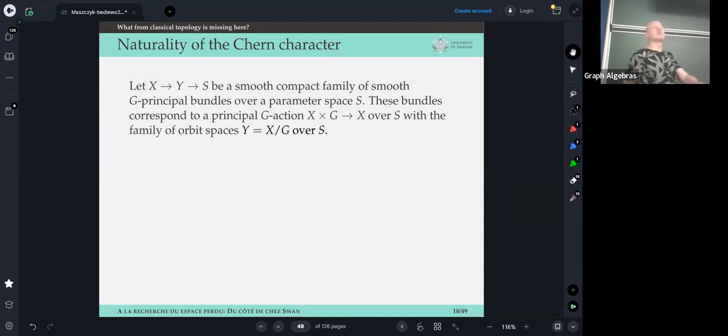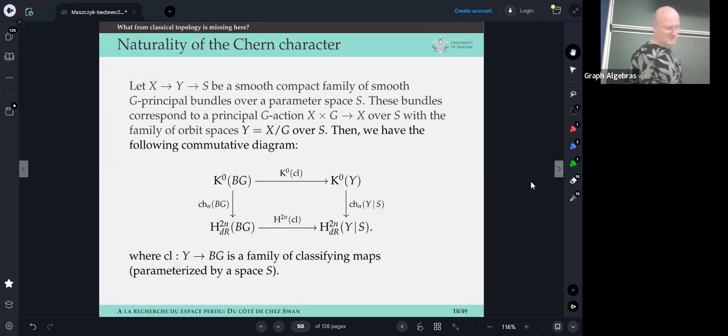To be prepared for this non-commutative generalization, we have to think about families of G principal bundles, because in this non-commutative situation, instead of having one principal bundle, we are speaking about some family of deformations. Okay, so this deformation space is parameterized by this parameter Q, for instance.